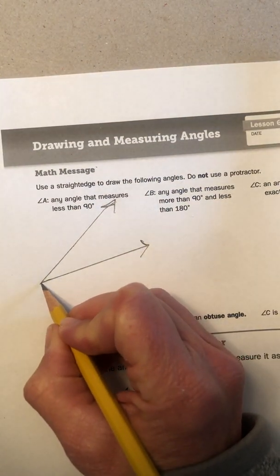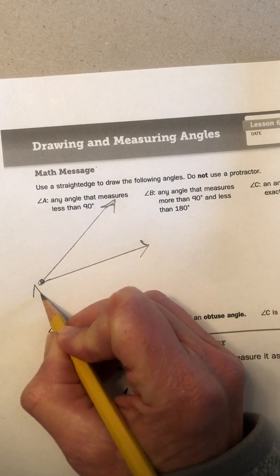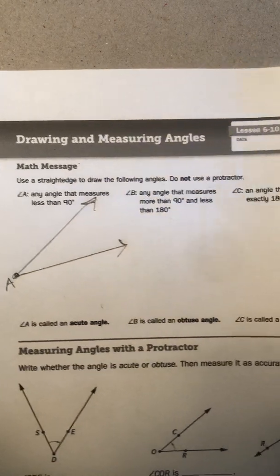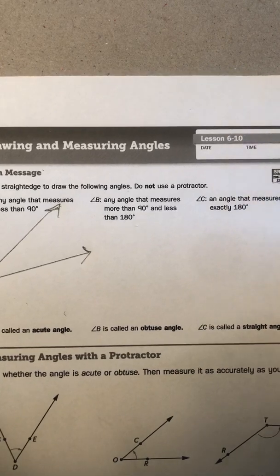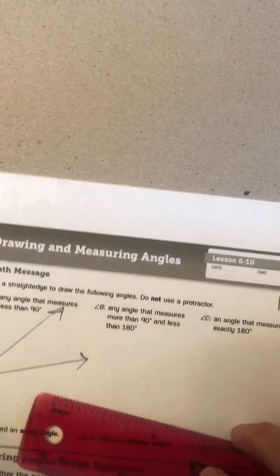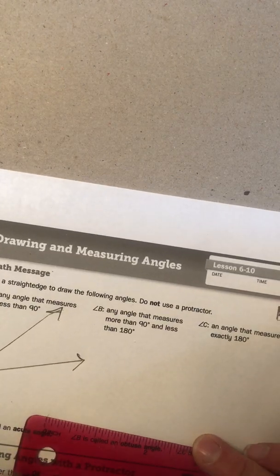Now it's asking to call that angle A. So at the vertex, I'm going to put the letter A. The second one, B. Any angle that measures more than 90 and less than 180. So I'm going to go ahead with a straight line across the bottom.